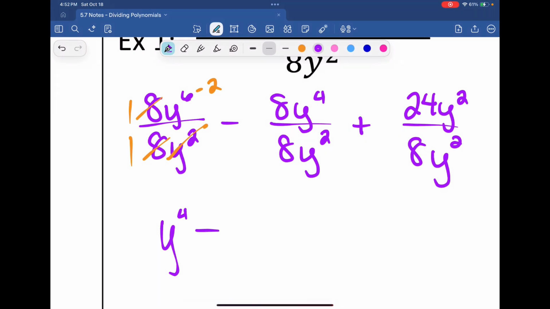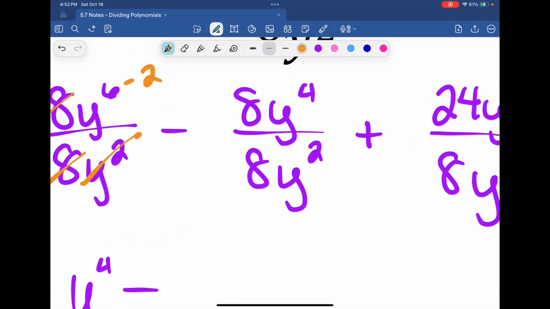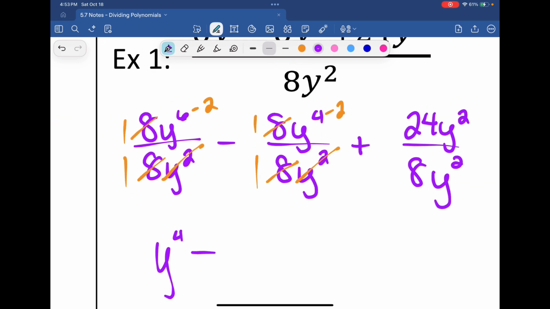Minus. So now we're on this one. 8 goes into itself once. 2 is the smaller exponent, so we subtract. And that leaves me with basically y squared. It's really 1 y squared over 1. But I don't need the over 1, I don't need the fraction bar, and I don't need the 1.